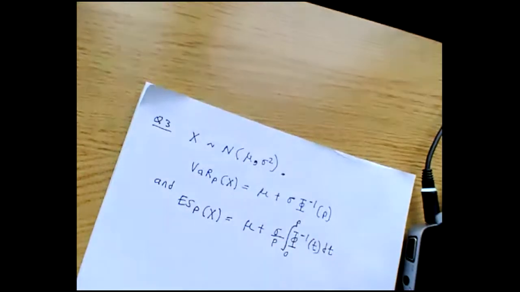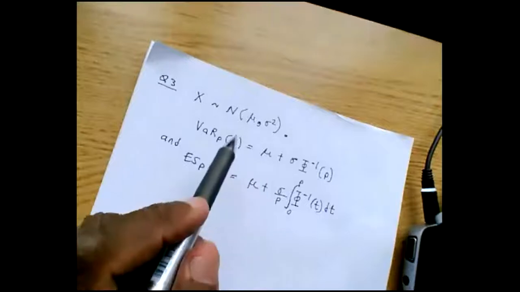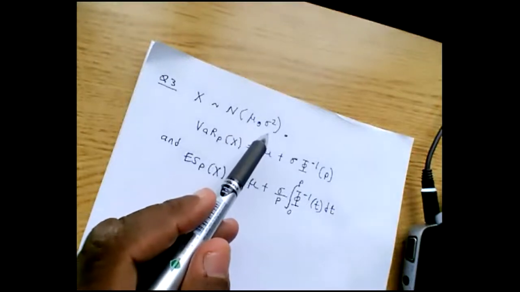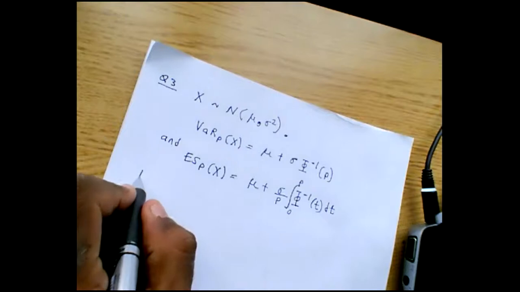Now here we have 2 parameters, so we need to estimate mu and we need to estimate sigma. The first thing is the likelihood function.